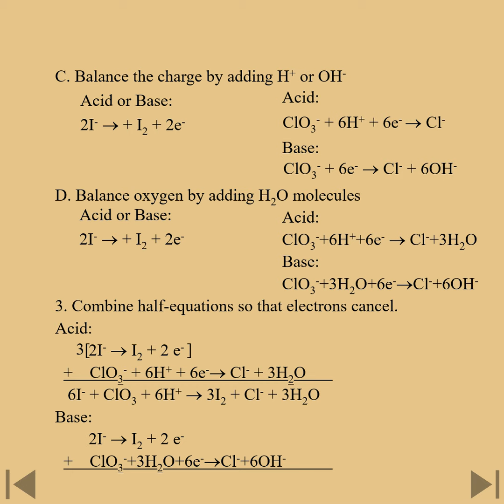So 2 electrons on the right, 6 on the left, least common multiple is 6, so we need 6 electrons on both sides. And then when I add them together, very similar, but do note I have hydroxides instead of hydrogen ions, and that of course changed my waters as well. Now in the event that I might have some spectators, meaning maybe I have waters on the left and on the right, I would subtract a smaller number from both sides, and we'll see an example of that in a little while.